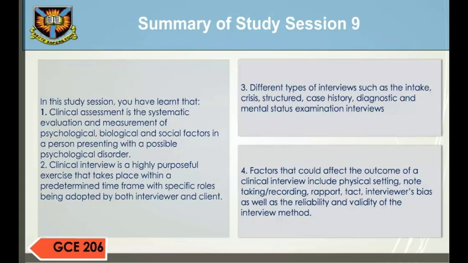Different types of interviews such as the intake, crisis, structured, case history, diagnostic, and mental status examination interviews. 4. Factors that could affect the outcome of a clinical interview include physical setting, note-taking, rapport, tact, interviewer's bias, as well as the reliability and validity of the interview method.